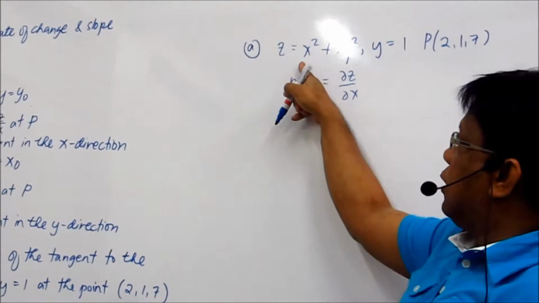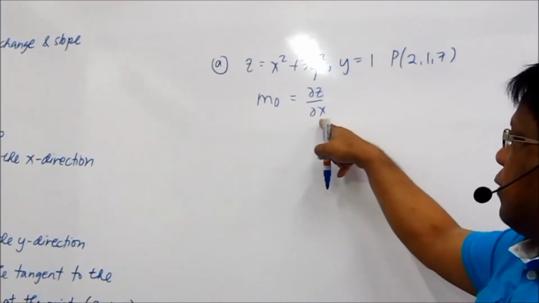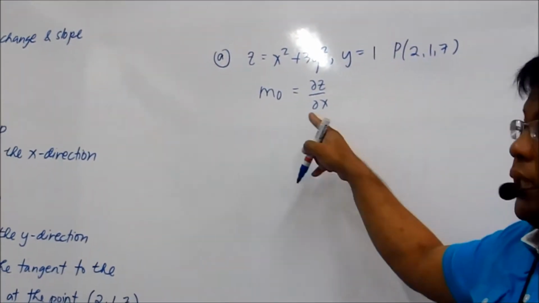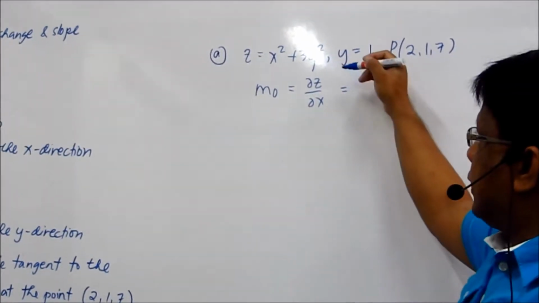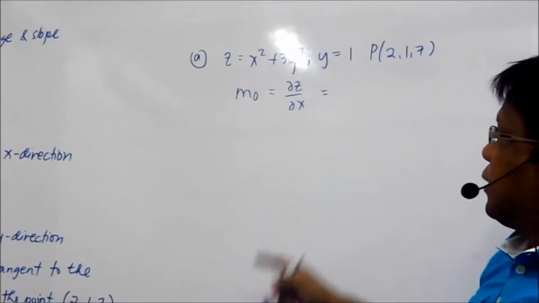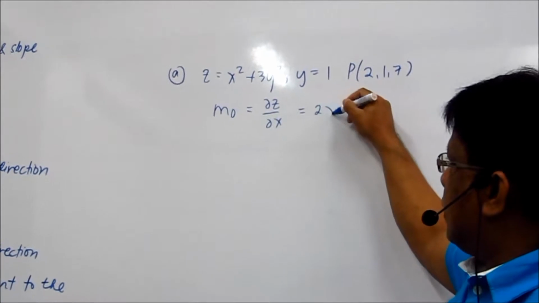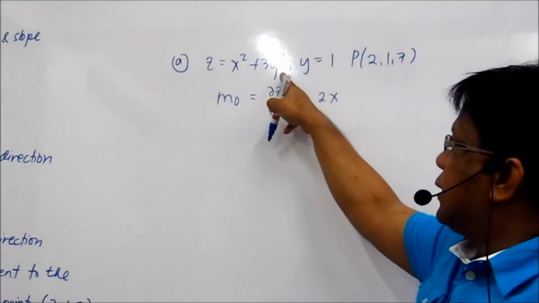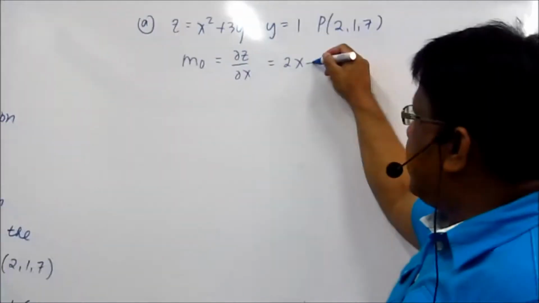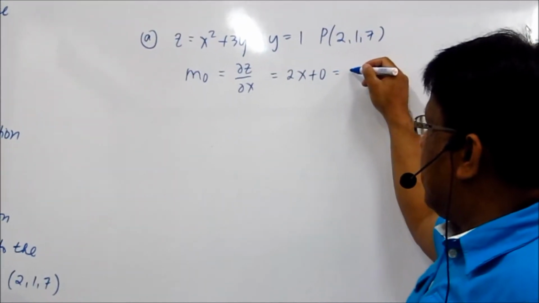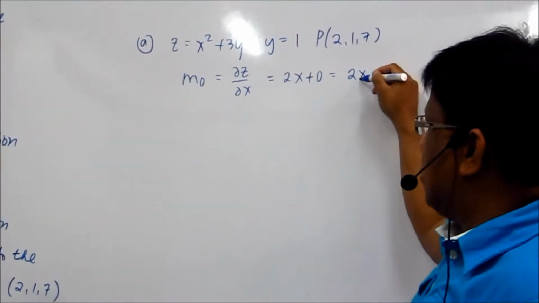Differentiate the given function with respect to x, where y is a constant. The derivative of x squared is 2x. Then 3y squared, since it is constant, is 0. Therefore, the slope is 2x.